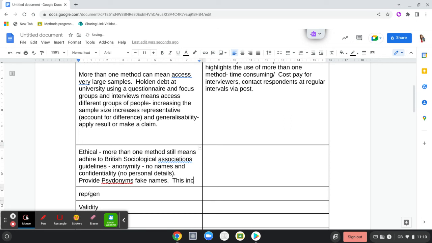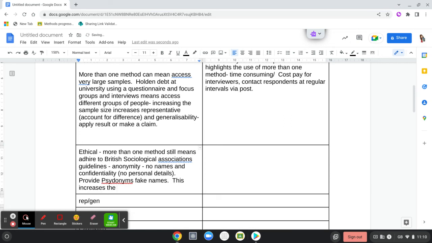This increases the validity of all of the multiple methods used.